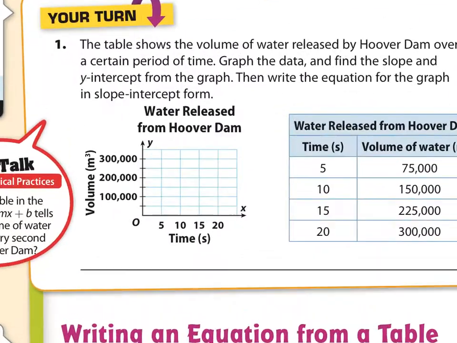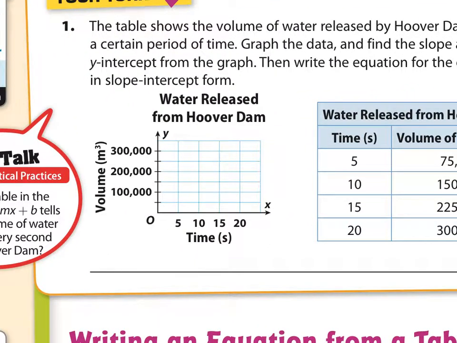So this is 50,000 here at our first little mark. So if I'm going to graph this at 5 seconds, 75,000, which is going to be right there. 10 seconds is going to be 150,000. 15 seconds is 225,000. And 20 seconds is 300,000.